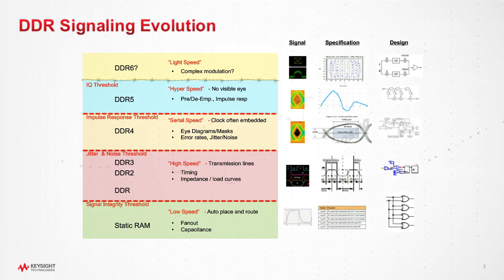So right after having to make this big jump from high-speed digital, looking at timing and managing skews and things like that, right after having to go from that to dealing with the statistics of eyes and eye masks and bit error rates, now the eye's going away in the worst case.